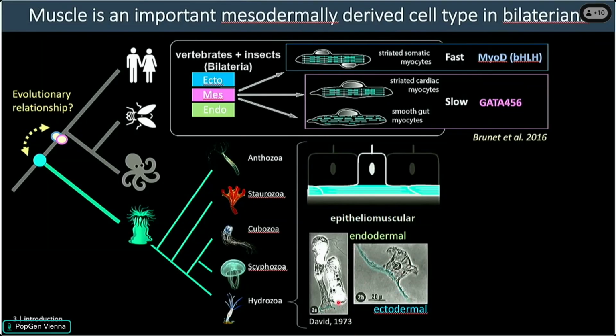While in bilaterians, they mostly arise from the mesoderm layer, and in vertebrates, at least, but also in most other bilaterians, they come in 3 different flavors. You can have them as striated muscles or as smooth muscles.